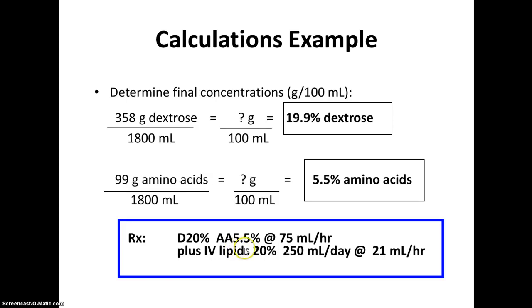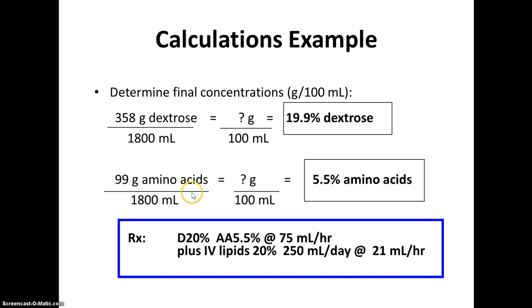From 2 slides ago, we determined we're going to need 358 grams of dextrose. That's going to go in an 1,800 ml TPN bag, but we want it in terms of percent. So 358 grams per 1,800 mLs equals how many grams per 100 mLs? The answer is 19.9. So we call that 19.9% dextrose.